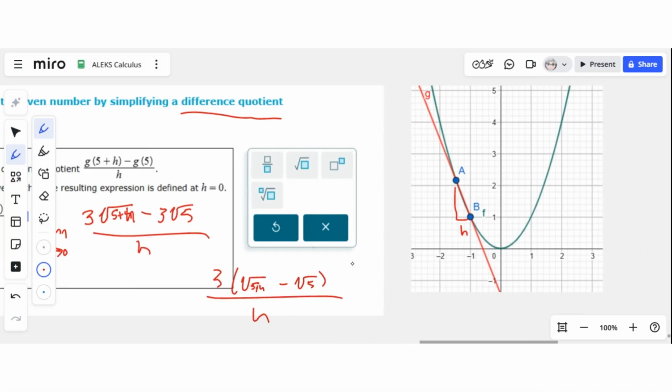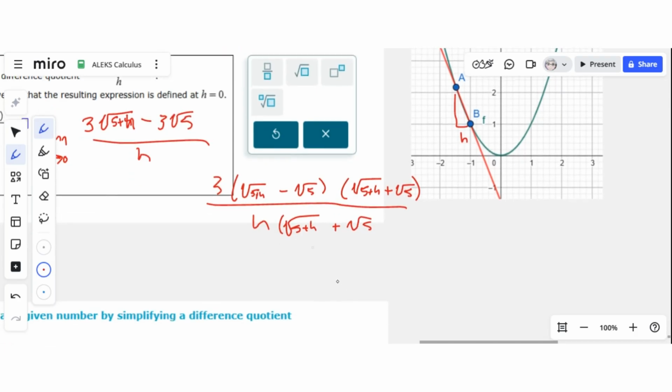And I think what I'm going to do is actually multiply the top and bottom by the conjugate of this thing. So we're going to say square root of 5 plus h plus square root of 5. So just changing the sign in between, because then I can use the difference of squares. We do have to multiply by the same thing on the bottom to keep this fraction the same. So square root of 5 plus h plus square root of 5. And now let's do some simplifying here.